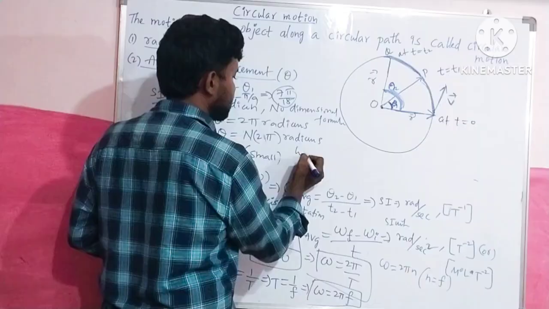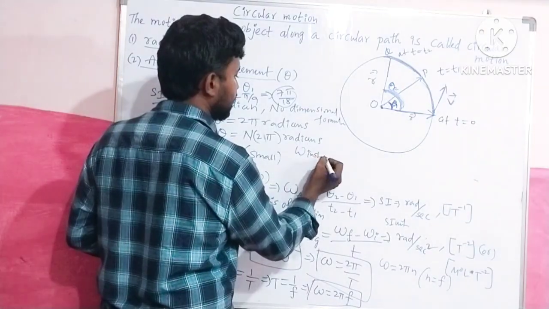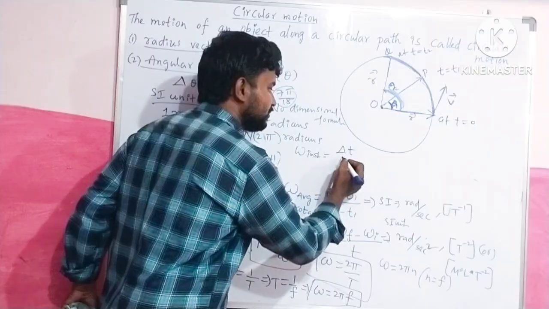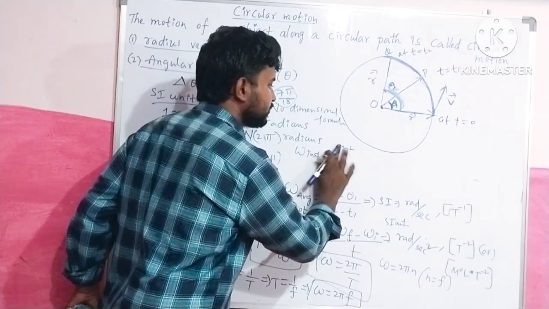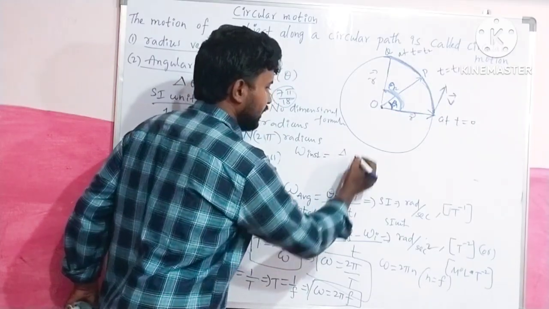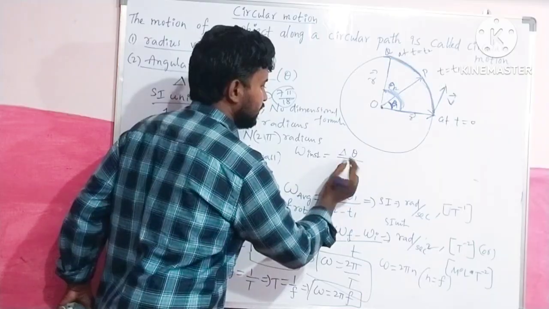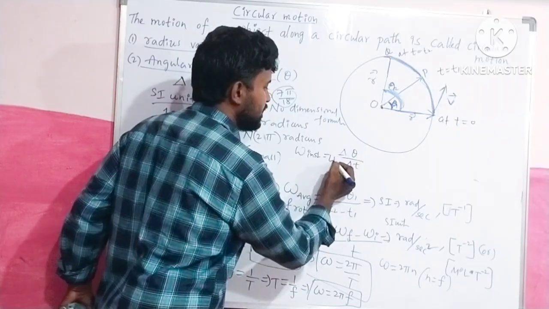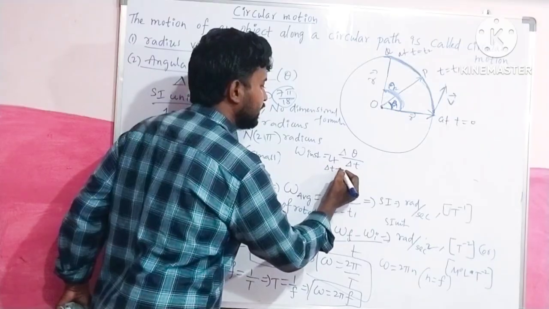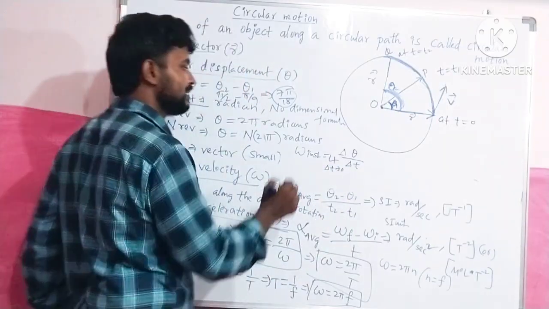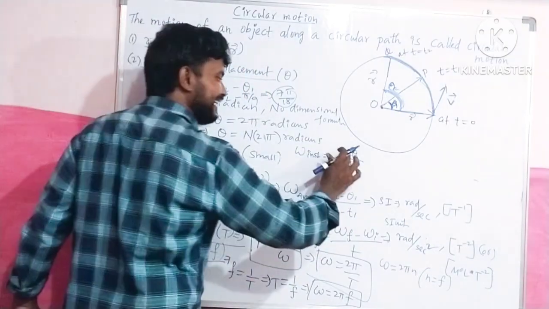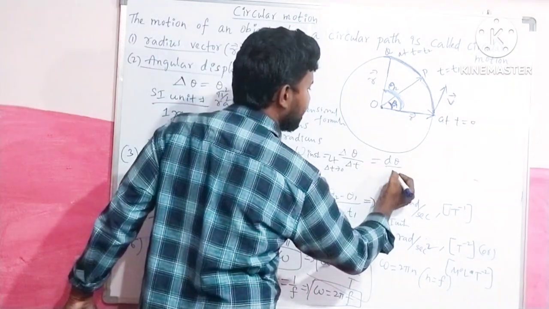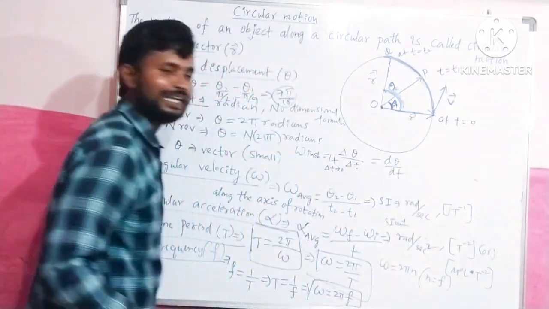Here instantaneous angular velocity equal to limit delta t tends to 0, delta theta by delta t equal to d theta by dt.